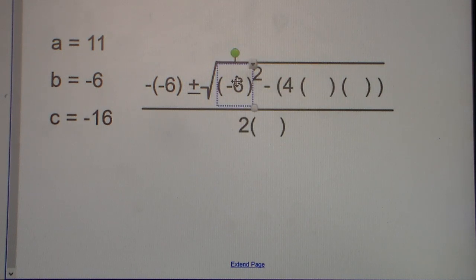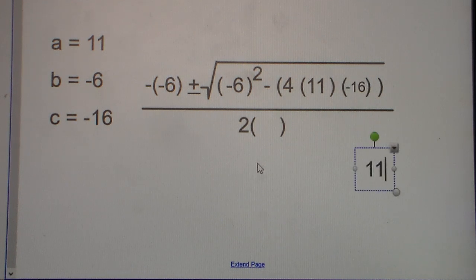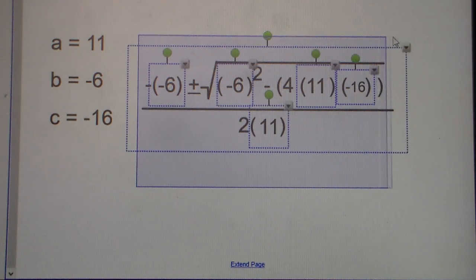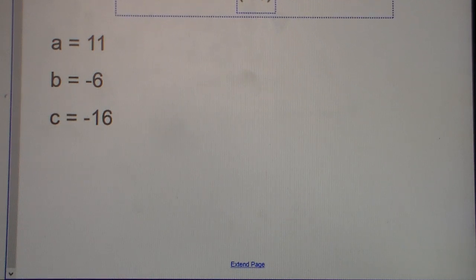Our second negative 6 goes in there. It's minus 4 times A, which is 11, times C, which is negative 16, all over 2 times A. So that's where I plug in all those numbers. And then we're going to put this into the graphing calculator.